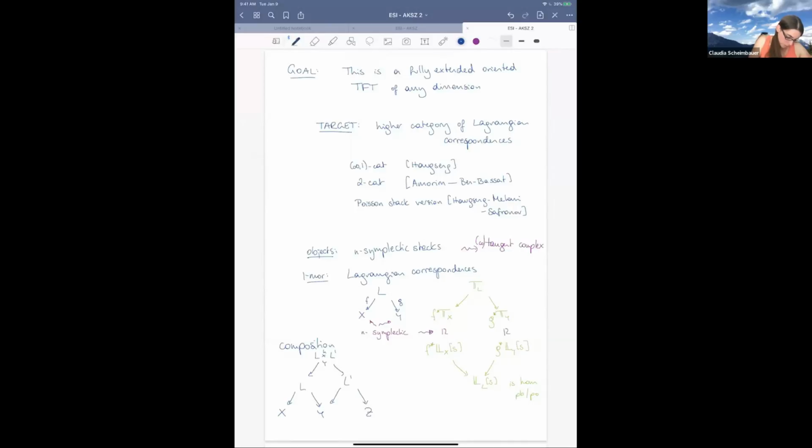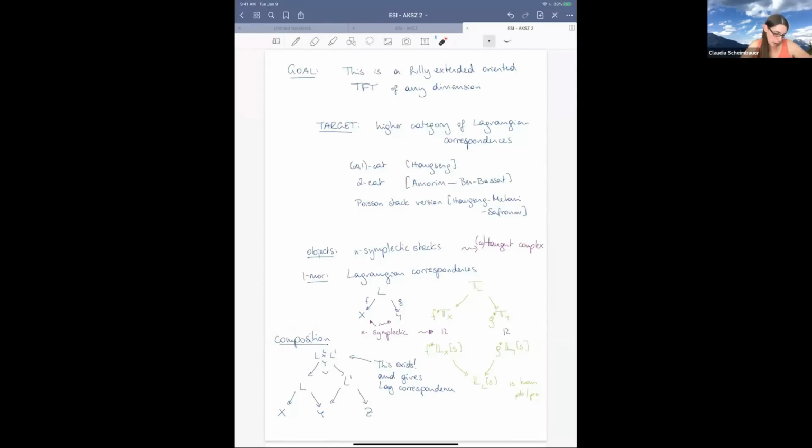So this is the nice feature here, that this exists and gives a Lagrangian correspondence. So this was part of what Damien proved. This will be the composition of the Lagrangians L and L prime. So that's really where the derived comes in.